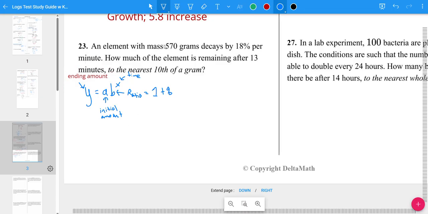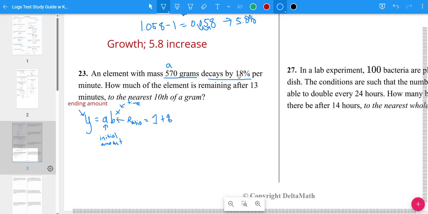So we have an element with mass 570 grams, so it starts at 570. So this is my A, my initial amount. It decays at 18% per minute. So as a decimal, this is 0.18. My ratio is 1 plus or minus my percentage.